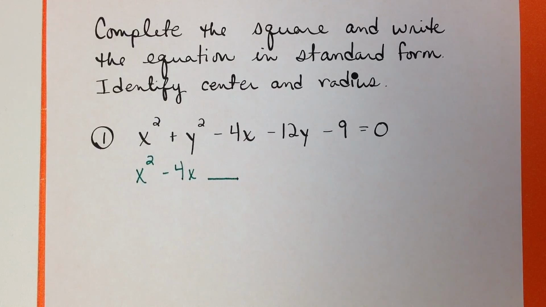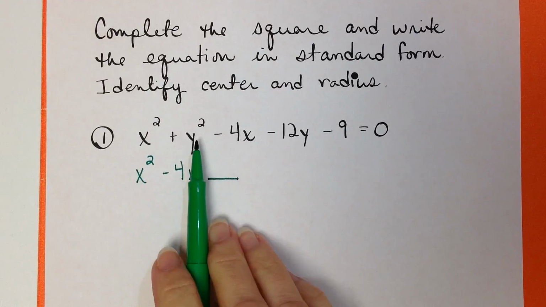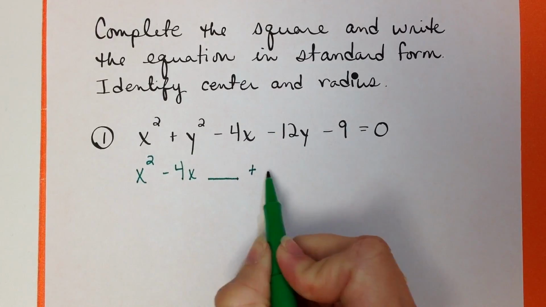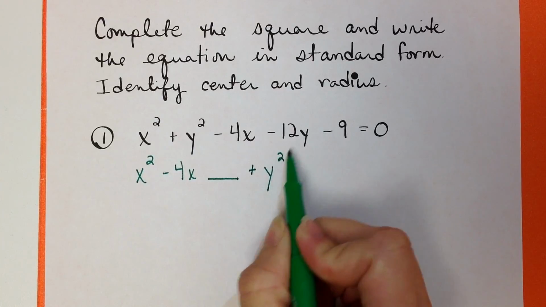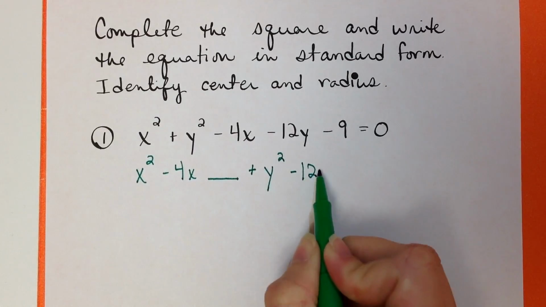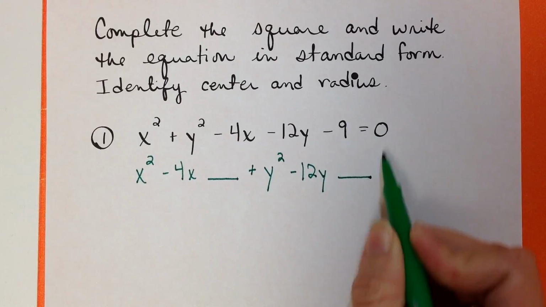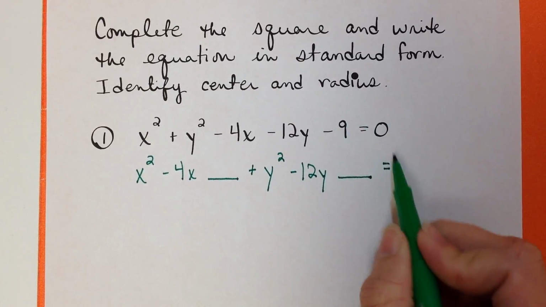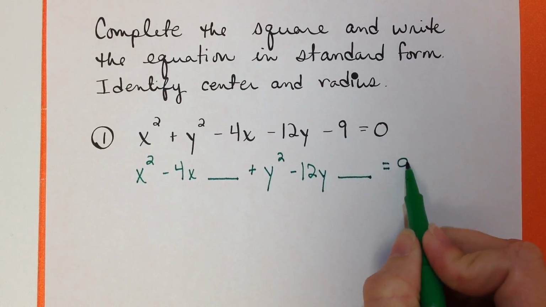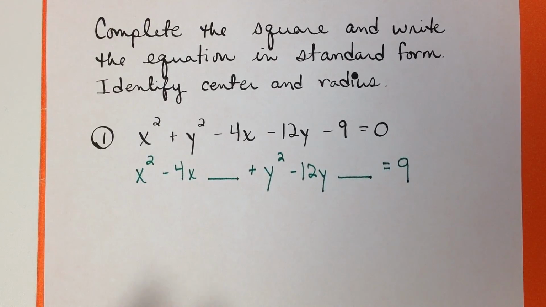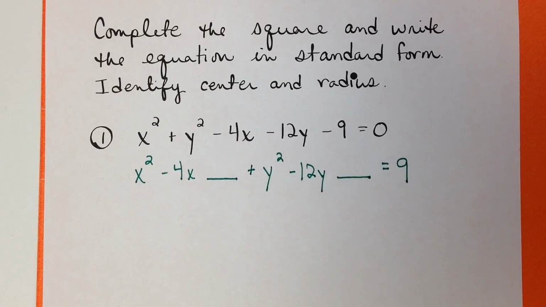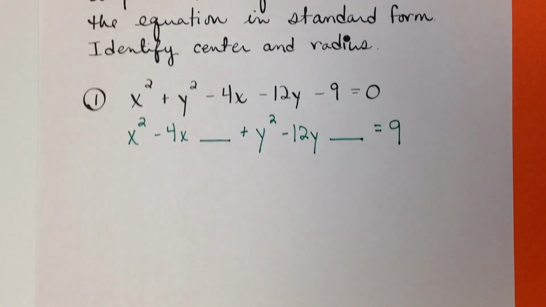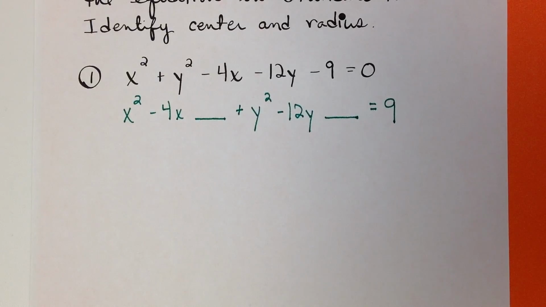Then you need to put your y terms, so that's the positive y squared, so put your plus sign, and then the minus 12y, leave yourself a blank, equals, now your constant, you're always going to want to move it to the other side, which would require that you add it. So you're grouping together your x's, grouping together your y's, but again, leave yourself a space with each one of those. Now this is where that concept of completing the square comes in.